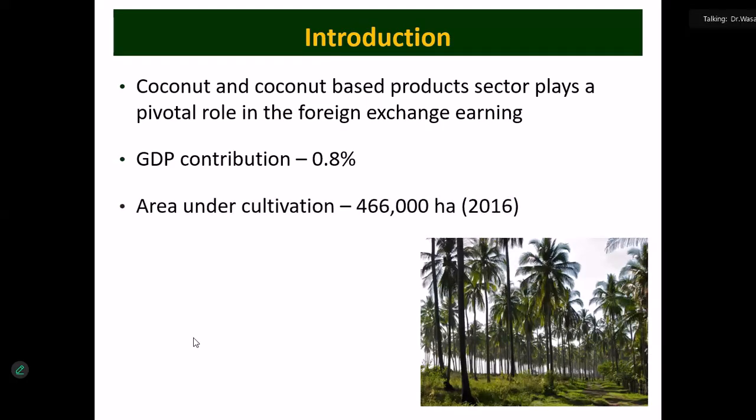Area under coconut cultivation in 2016 was 466,000 hectares.